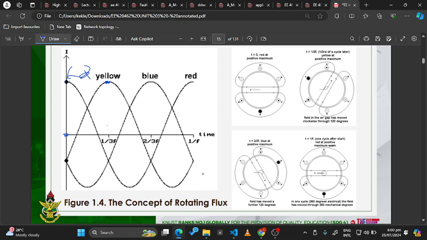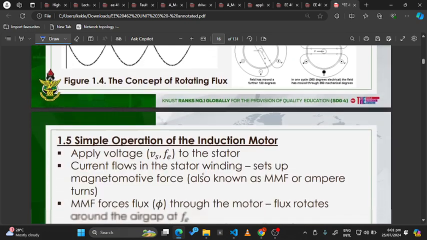Then at time t equal to 2/3, phase blue has the maximum. So the maximum has moved from phase yellow to phase blue. First we had it over here, now it's here, now it is here, then it comes back to red. So you can see that the field is rotating. It's not stationary.